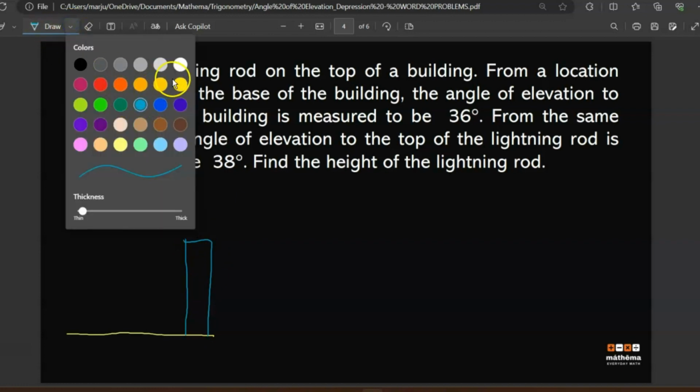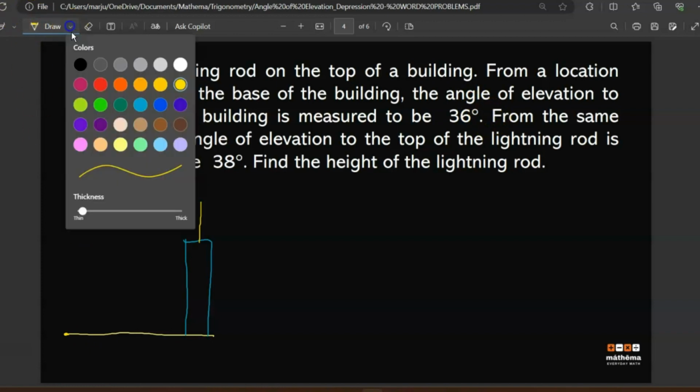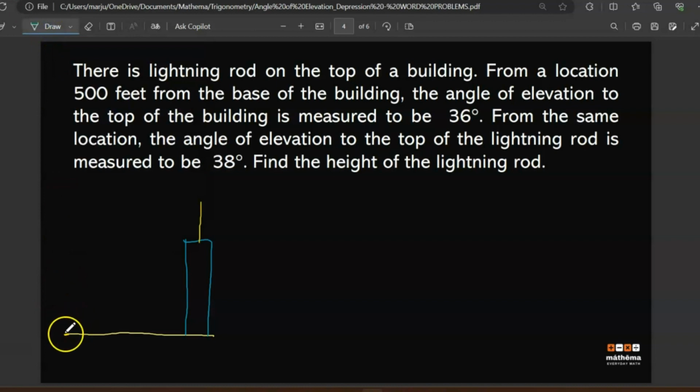So we have here a lightning rod on the top of the building, and from a specific point on the ground, let's say this point right here, we have here angle of elevation is 36. So from this point up until to the top of the building, this one, this is 36 degrees.